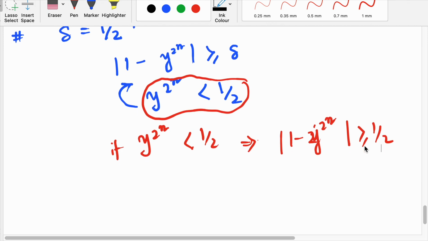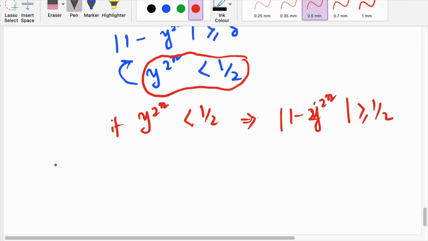So we have to say that we will actually find one y, and after that we have to find an n such that this will be satisfied. So we have to find a y such that, in any interval.